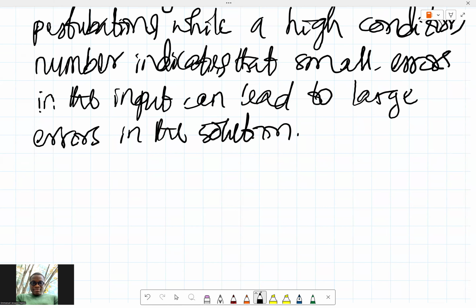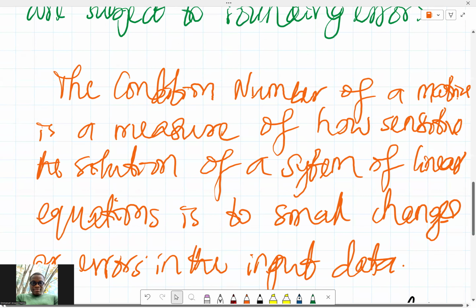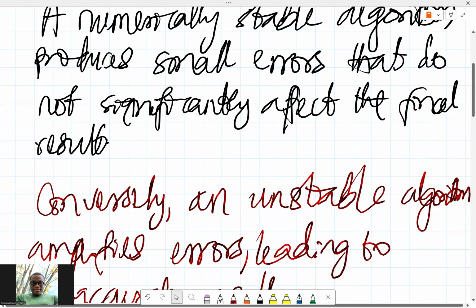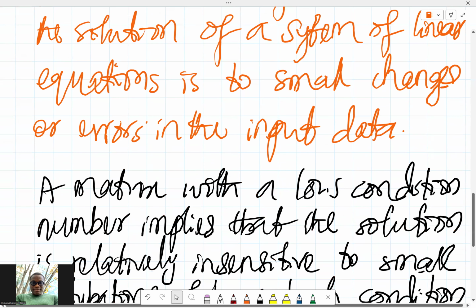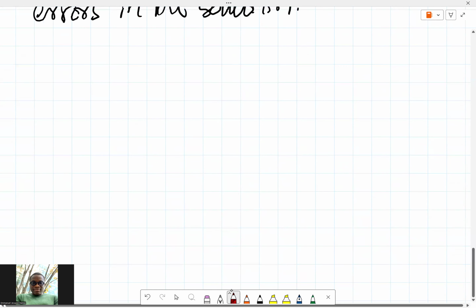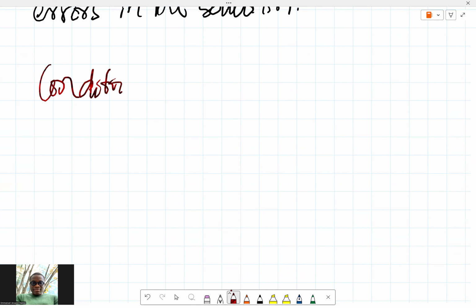So let's go back to the definition of the condition number of a matrix.